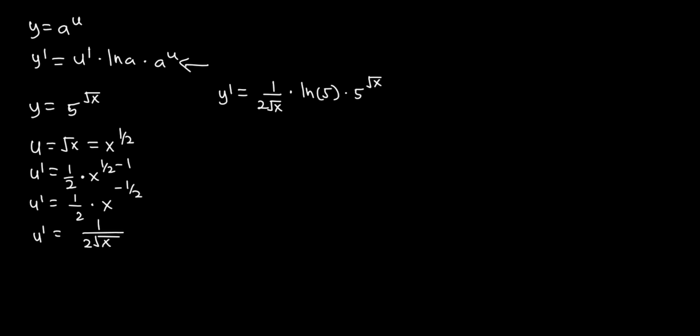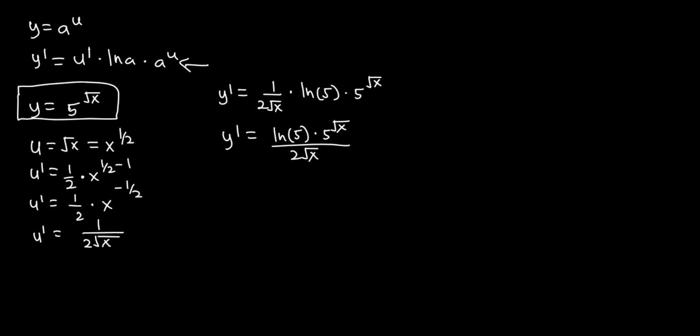Let's simplify this. You can multiply what you have on top, so we have y prime equal to ln of 5 multiplying 5 to the power square root of x over 2 root x. This will be the derivative for the function y equals 5 to the power root of x.